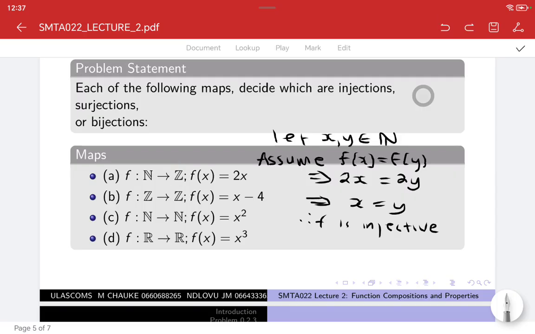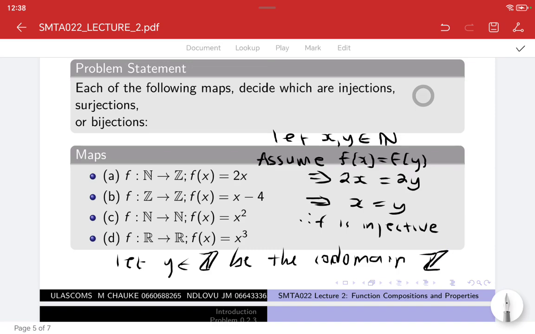the codomain. We let y be an element from the codomain, which is Z, right?